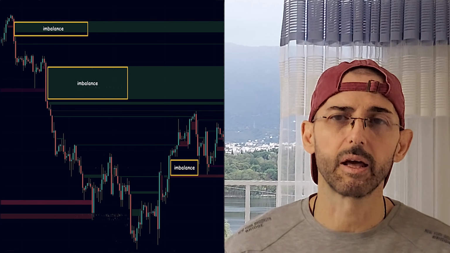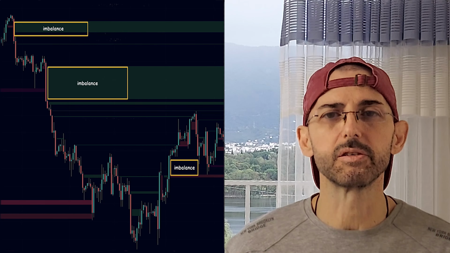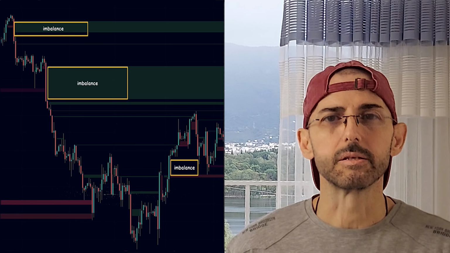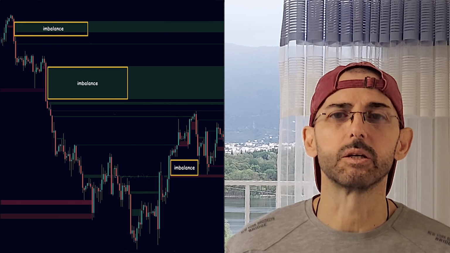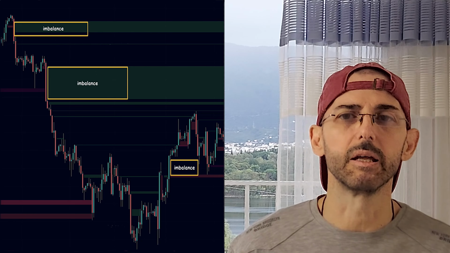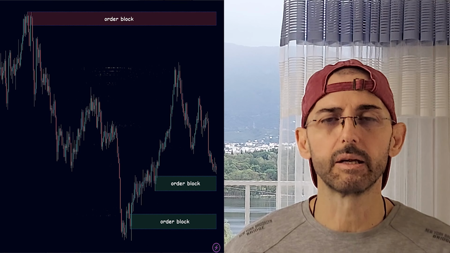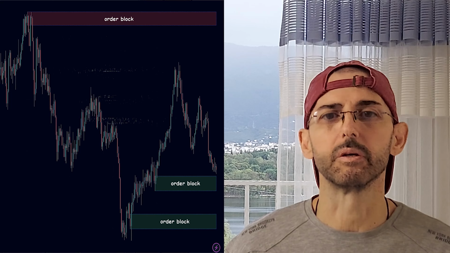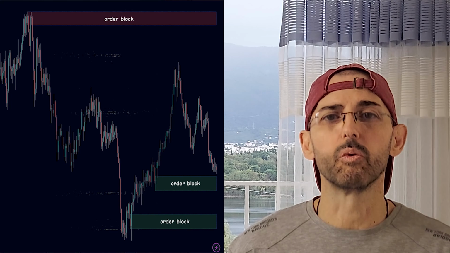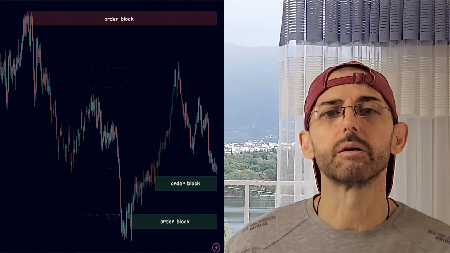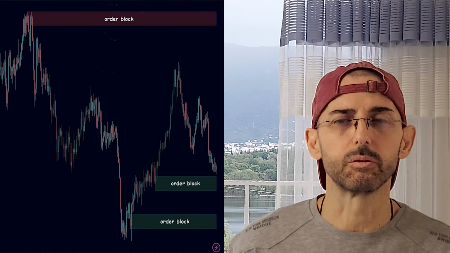An imbalance zone, on the other hand, refers to a price area where the market spent a certain amount of time, indicating a potential disequilibrium between supply and demand. An order block, a widely utilized concept in price action trading, is a significant price level where large smart money orders are expected to come into the market.